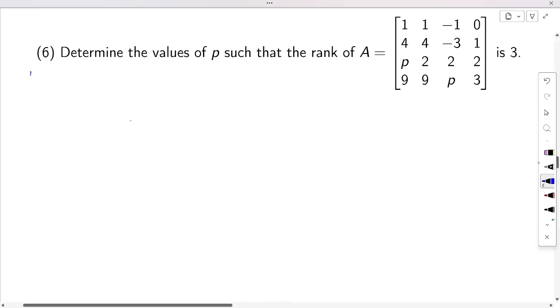On row 2, apply row 2 minus 4 times row 1. On row 3, apply row 3 minus p times row 1.